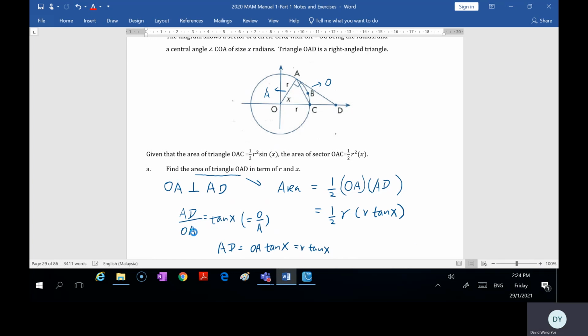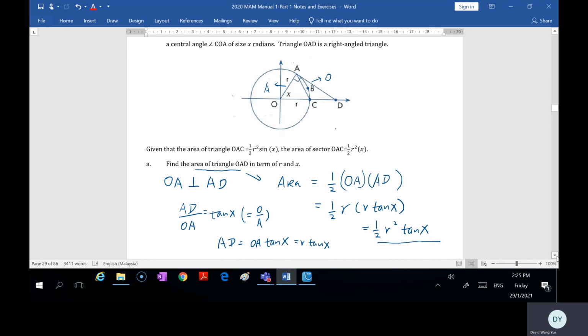So the area of triangle OAD is half r squared tangent x. Now we managed to get the area of triangle OAD in terms of r and x. What is the use of this?